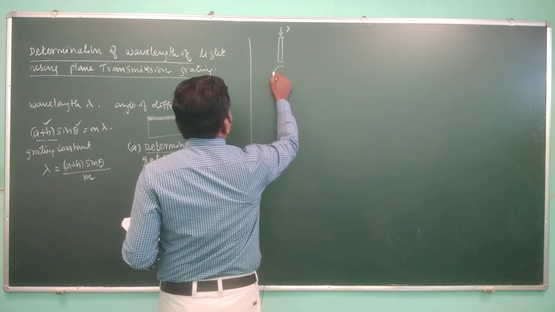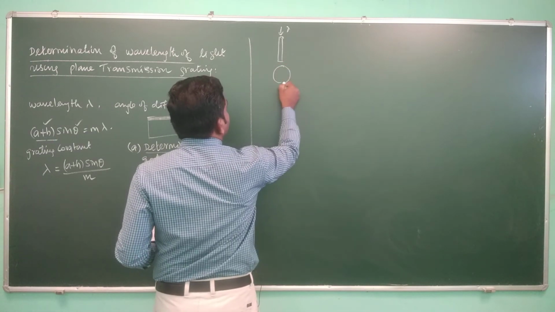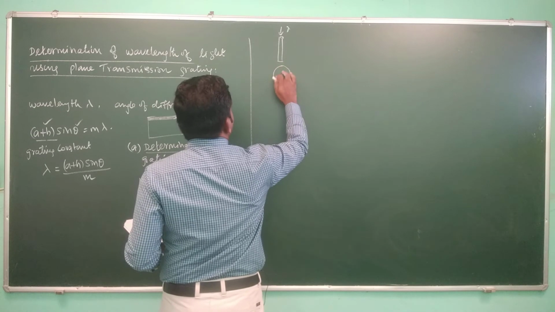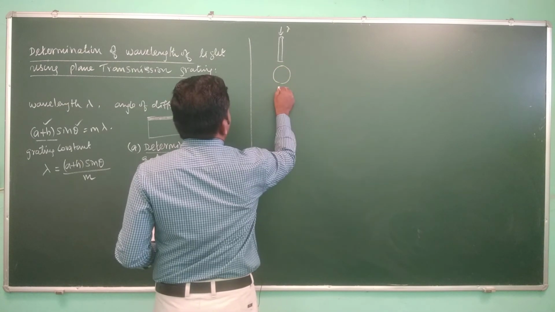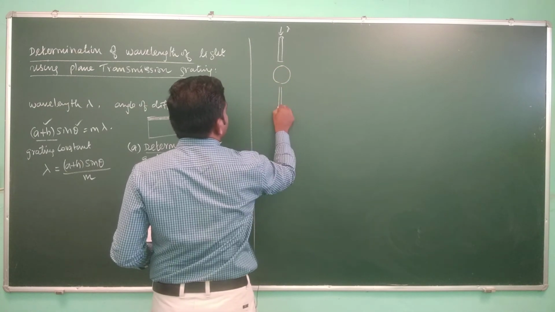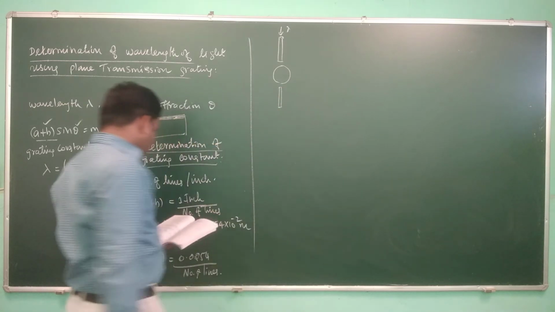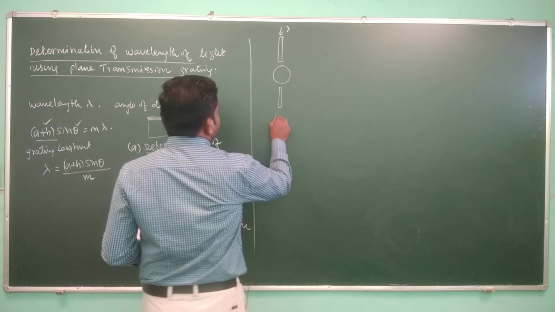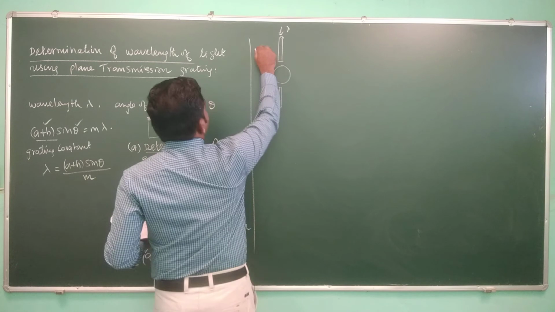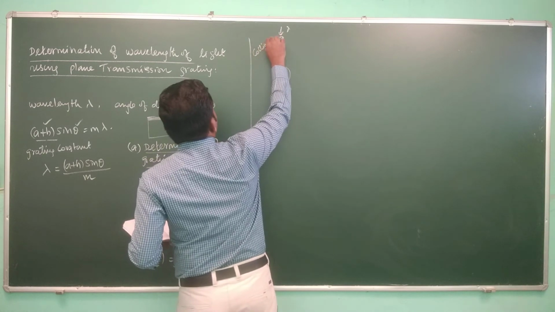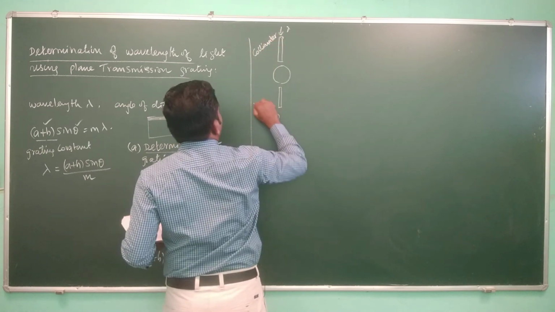Then the prism table is here. Now case 1, this is the collimator, this is the telescope.